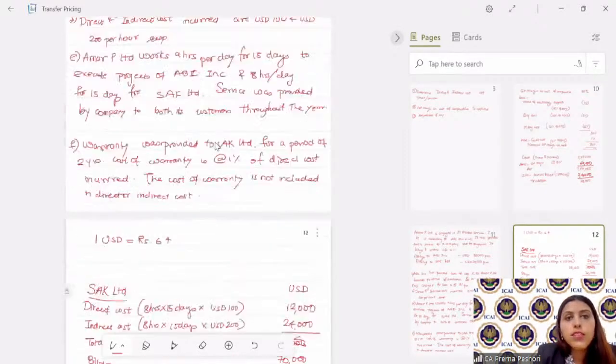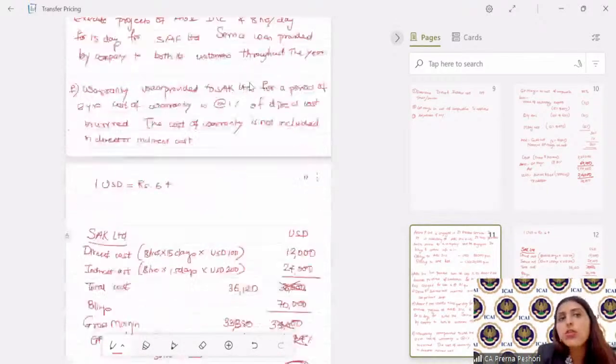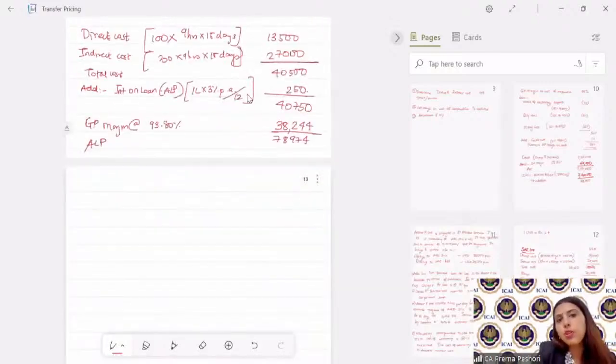And what have we exactly charged them? 85,000. So since we have charged already higher, there is no need of any transfer pricing adjustment.